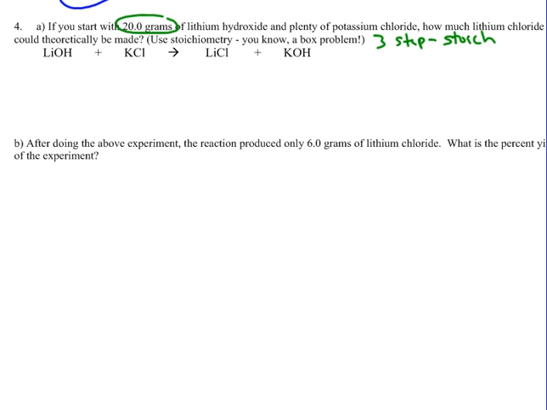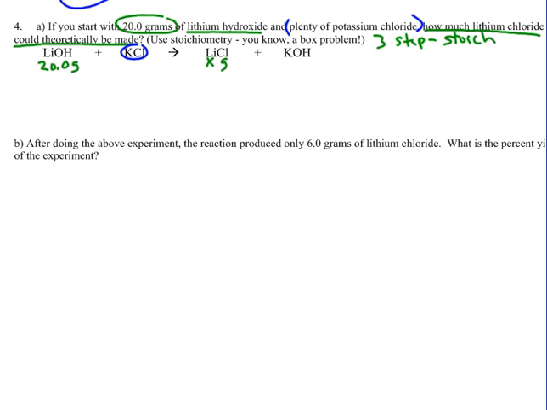You're given grams of lithium hydroxide. That's this substance right here. You are asked to find how much lithium chloride could theoretically be made. So that's x grams right here. Now the fact here that it says plenty of potassium chloride, that's this substance right here, we're not given any numbers associated with this substance.